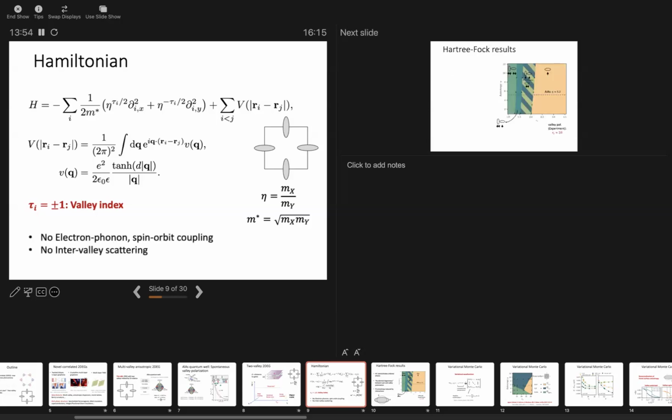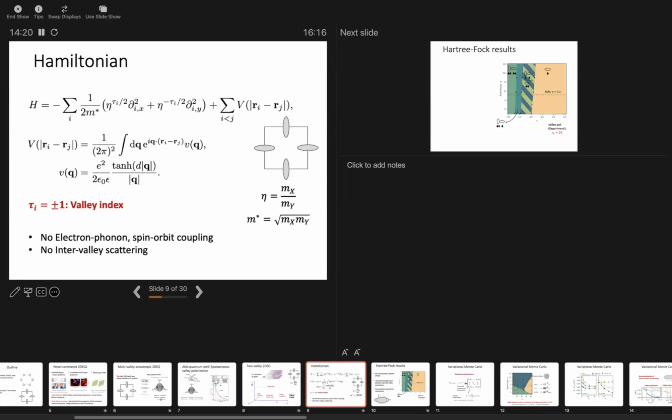There are some effects that we didn't include here. No phonons, no electron-phonon coupling, no spin-orbit coupling, which is believed to be weak in these systems. We took into account only the long-range part of the Coulomb interaction. That is to say, we neglected inter-valley scattering. This picture is not to scale. The electron density is very, very small on the scale of the lattice constant.